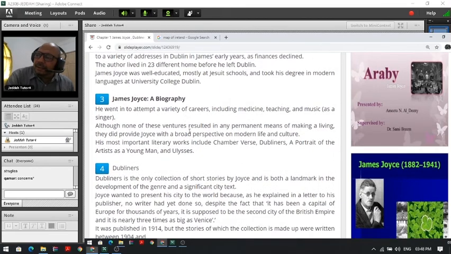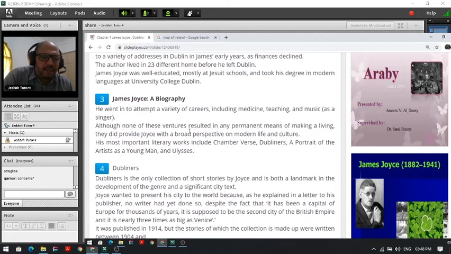So he had a degree in modern languages at University College Dublin. So before he left Dublin forever, he had a degree in languages.